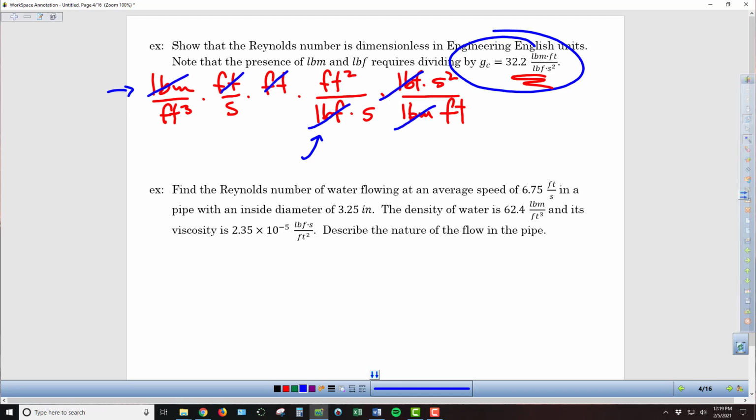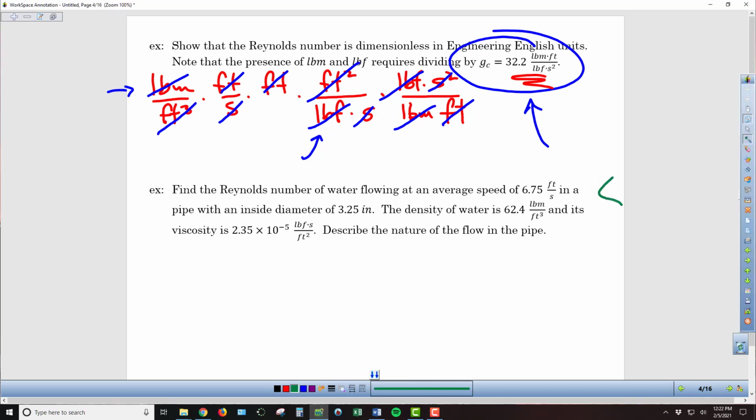I've got 1, 2, 3, 4 feet on the top. There's 3 and 4 on the bottom, and also 2 with the seconds. We've got 2 seconds on the bottom, 2 seconds on the top. But we would not see these units all cancel out without dividing everything by G sub C, as is necessary when we've got pound mass as our mass unit in English units.